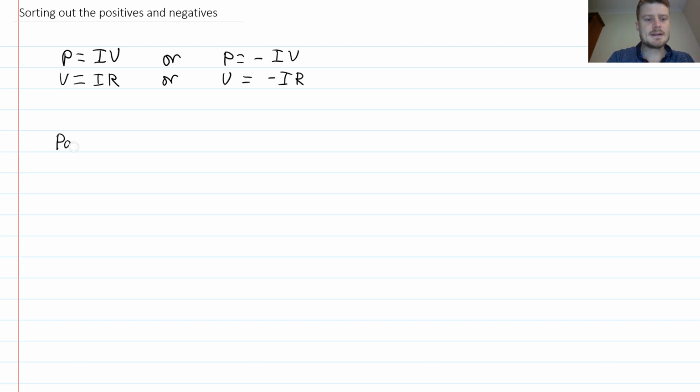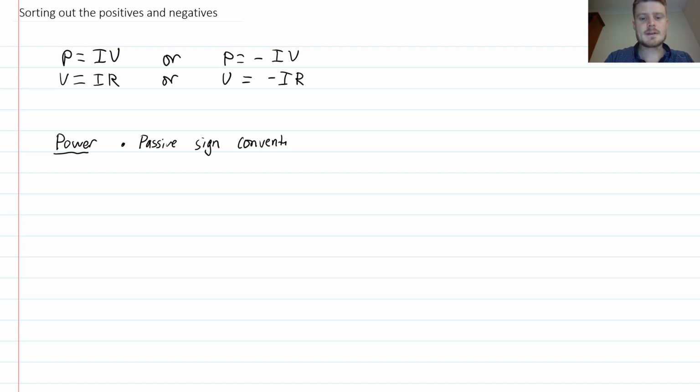And so with regard to power, the really critical point here is that we have a thing called the passive sign convention. The passive sign convention is the reason why we choose the positive sign or the negative sign.